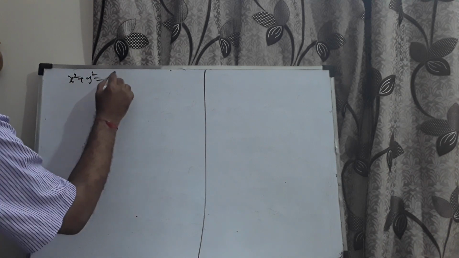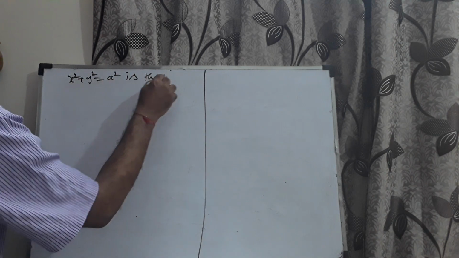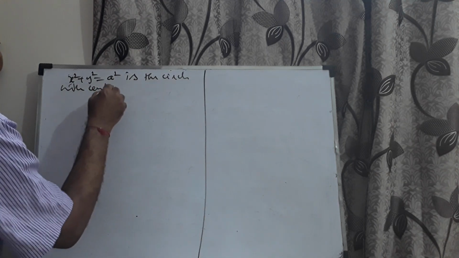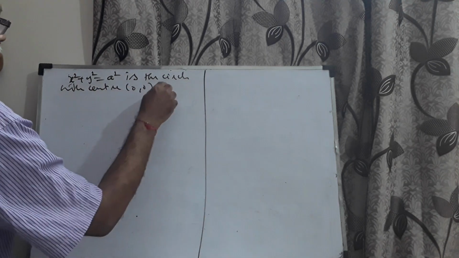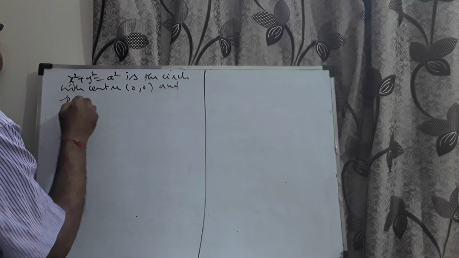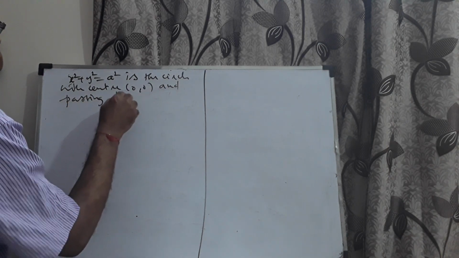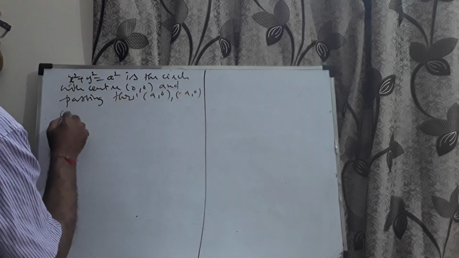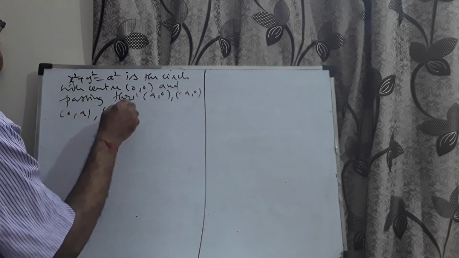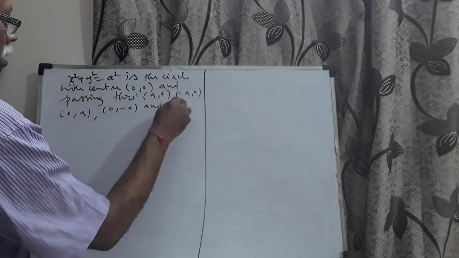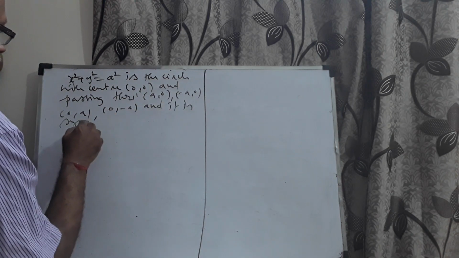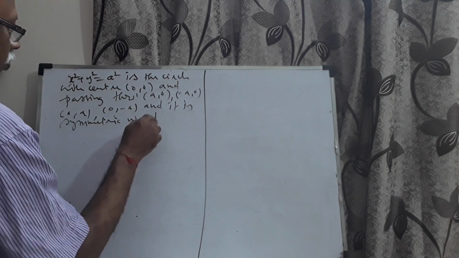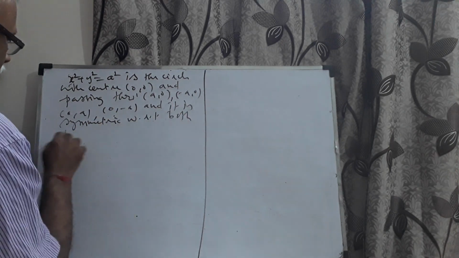X square plus y square equal to a square is the circle with center 0, 0 and passing through a, 0, minus a, 0, 0, a, 0, minus a, and it is symmetric with respect to both the axes.